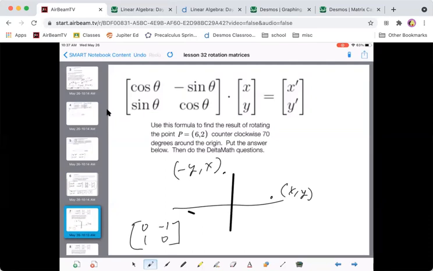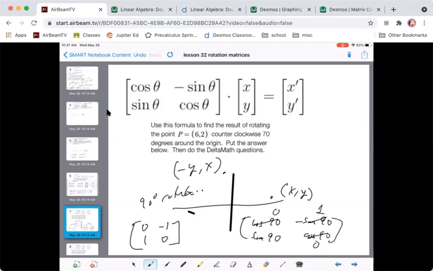So that was the 90-degree rotation. Well, that agrees with cosine 90, negative sine 90, sine 90, cosine 90. Cosine 90 is 0, and sine 90 is 1. So this actually works for all the cases.